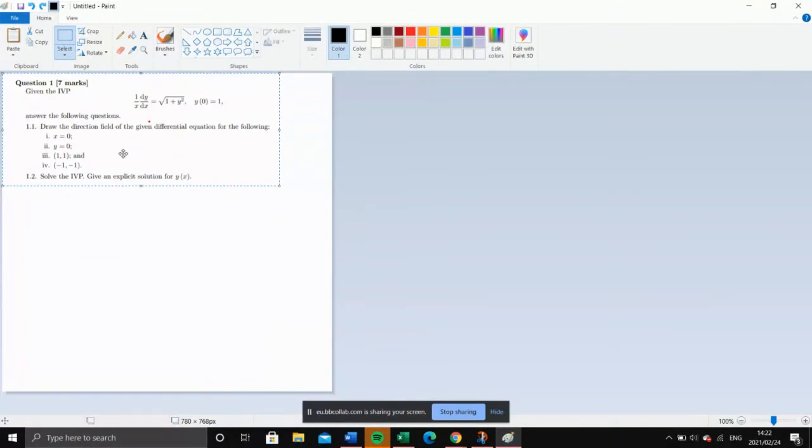So this is the question we were given in our semester test. They say, given the initial value problem, answer the following questions. So here is the IVP, and then they say, draw the direction field of the given differential equation for the following: when x is equal to 0, when y is equal to 0, at the point 1, 1, and at the point -1, -1.